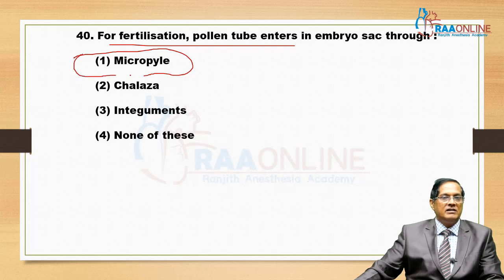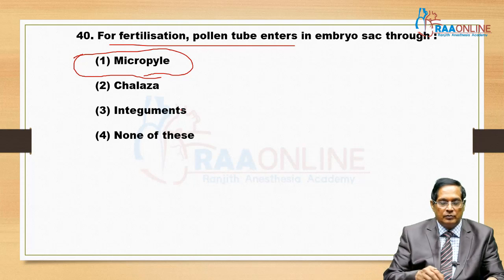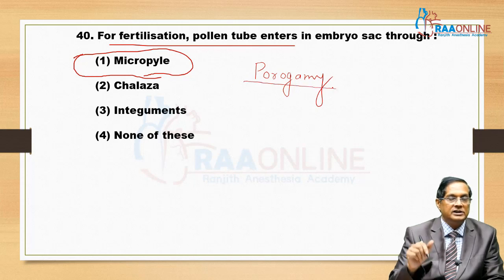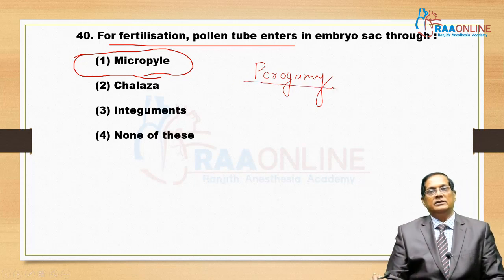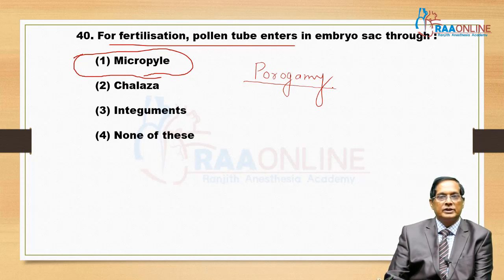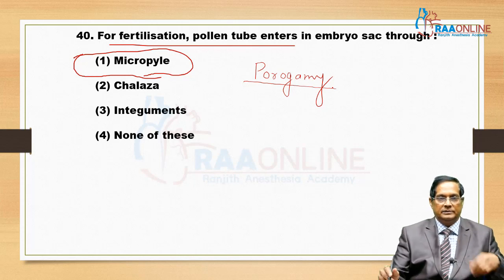The most common entry is from the micropyle, and if it enters through the micropyle, the process is called porogamy.